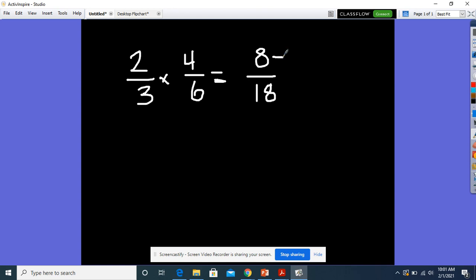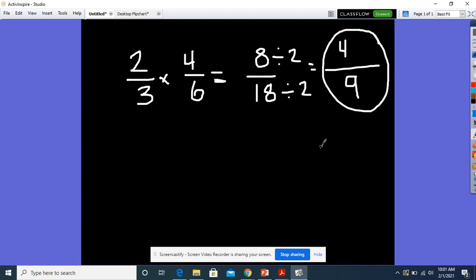So I'm going to do 2. Eight divided by 2 is 4. 18 divided by 2 is 9. So 4/9 would be my final answer.